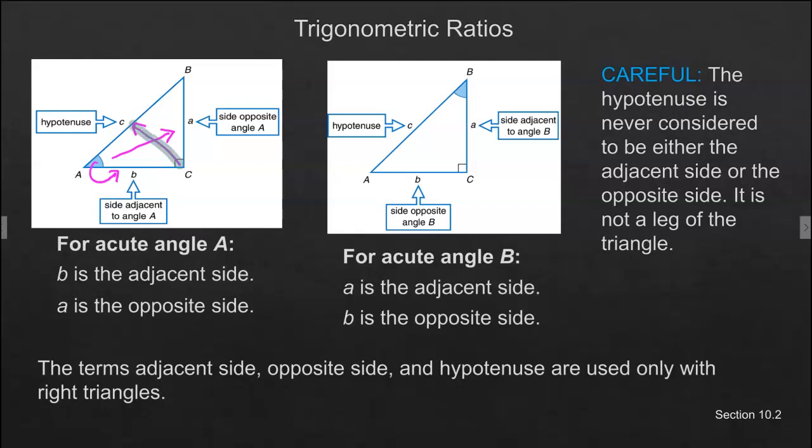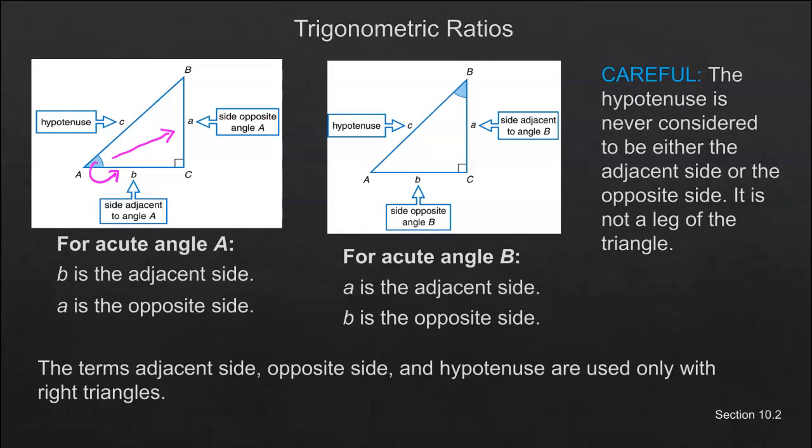But the side adjacent and the side opposite will not be the same because we have to look at a certain angle to find those two. Those are always the legs. Right, so the two sides that are perpendicular will be your adjacent and opposite sides.